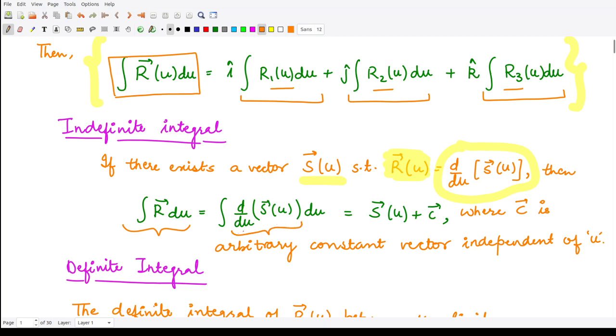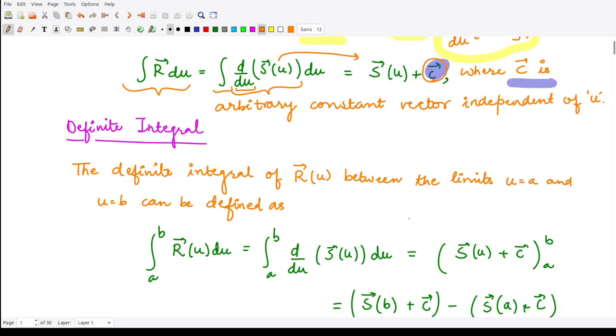When you perform the integration of this derivative term, the effect of integration cancels out the effect of the derivative. So in effect you will obtain s of u, and moreover you will also obtain the constant of integration. Notice that this constant of integration is also a vector quantity, and not a scalar as we obtain in the case of normal functions. So this is how you define the indefinite integral in case of vectors. Here we obtain a vector constant as a result of this integration.